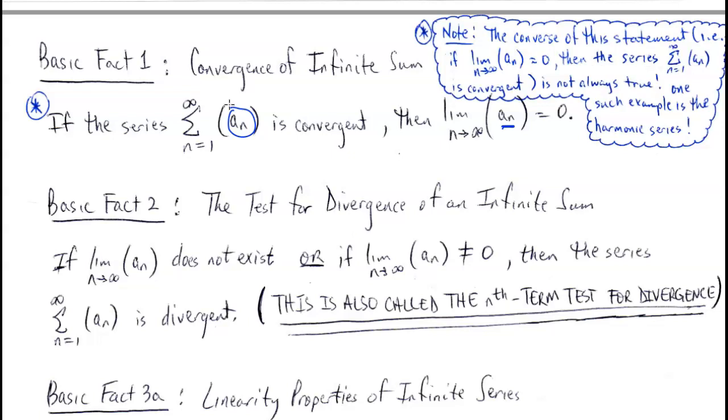Now, it is important to understand that this statement is not a biconditional statement. Just because a convergent series has a corresponding sequence whose limit goes to 0, we can't say that if the limit of the corresponding sequence as n approaches infinity goes to 0, then the corresponding series is automatically convergent.